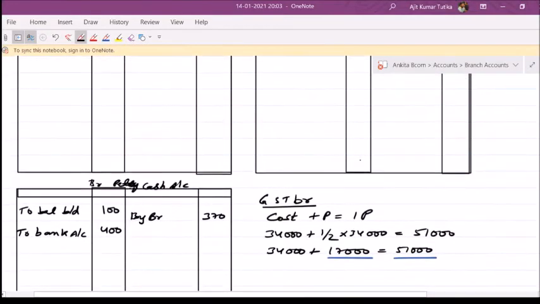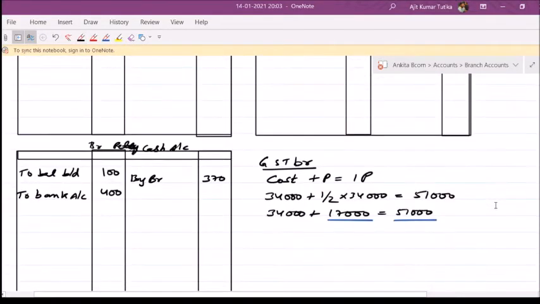Now in this case, when it comes to branch petty cash, branch expenses is 370. So you write by branch expenses 370, to petty cash 370. Then we have allowances to debtors, which is 400 rupees.